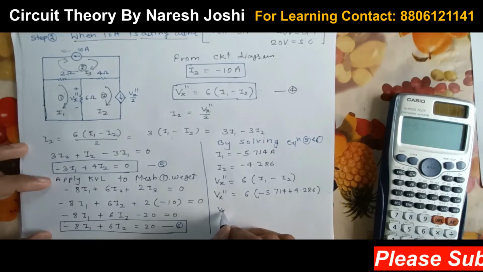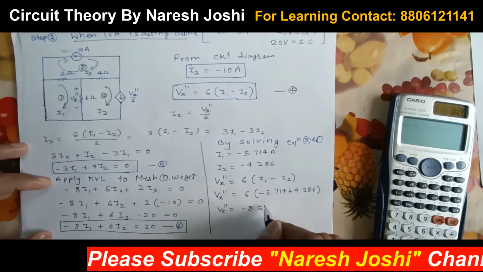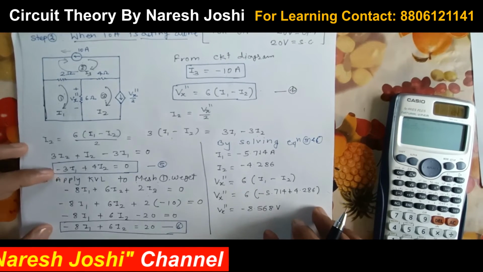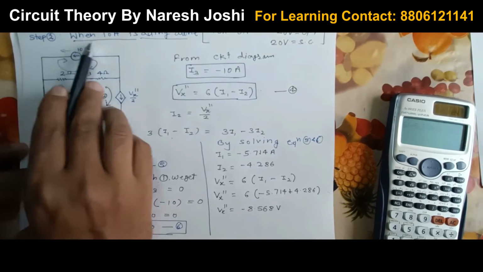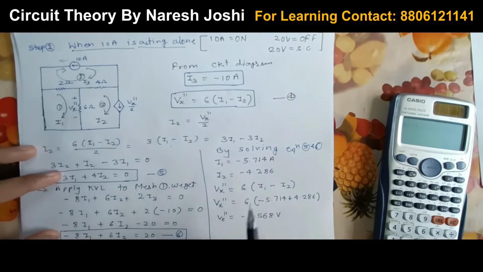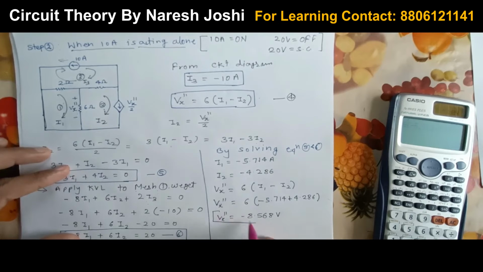So Vx double dash is minus 8.568 volt. This is the voltage across the 6 ohm when only the 10 ampere current source is acting alone. So this is Vx double dash.